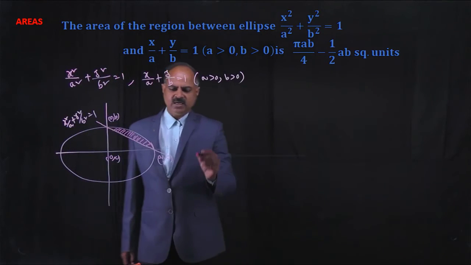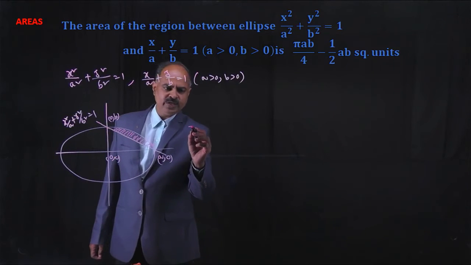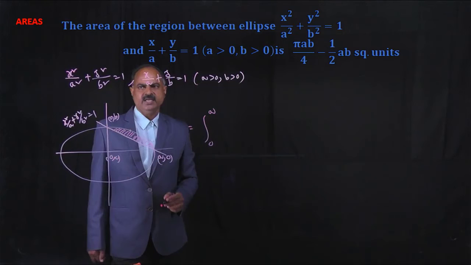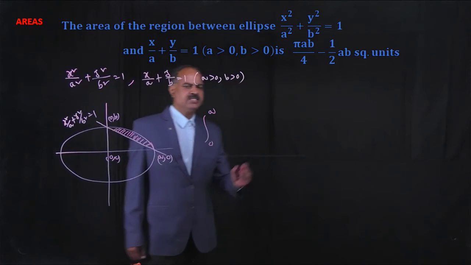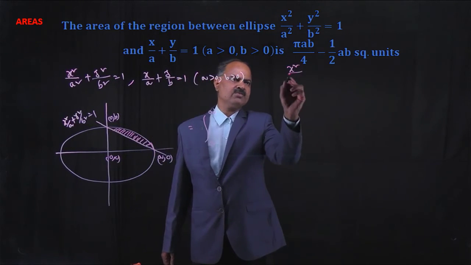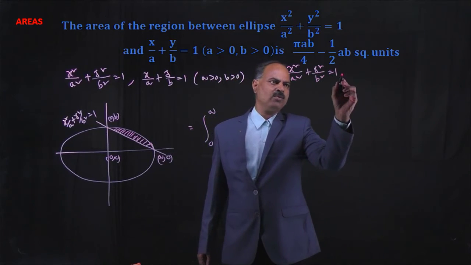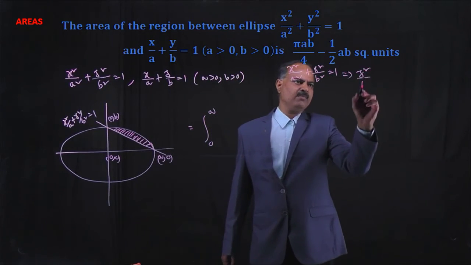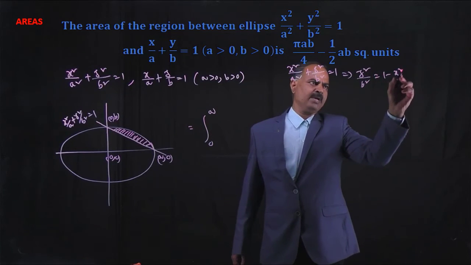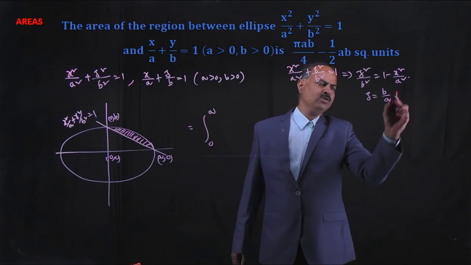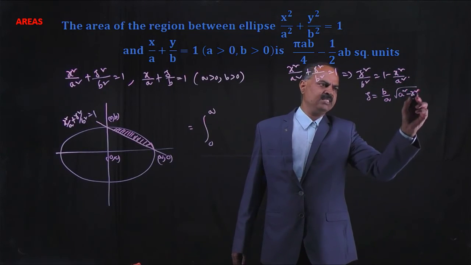So here the required area is equal to integral 0 to a. Here the ellipse x square by a square plus y square by b square equal to 1. So this implies y square by b square equal to 1 minus x square by a square. So y equal to b by a into root over a square minus x square.